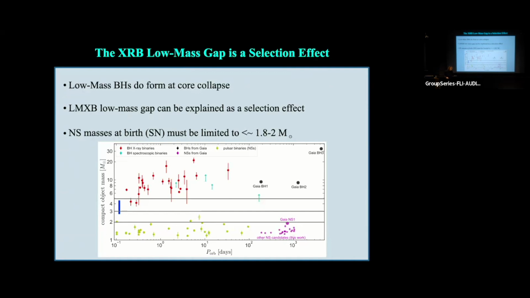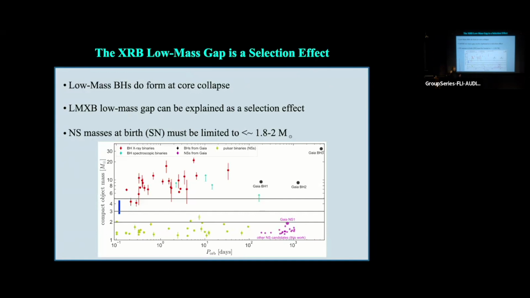Am I betting my salary on this? No, I'm not. However, I will say that we did check and talked with pulsar observers, Scott Ransom especially at length, and we asked, we have pulsars that are 2.2 solar masses and 2.3 solar masses. They're all millisecond pulsars.